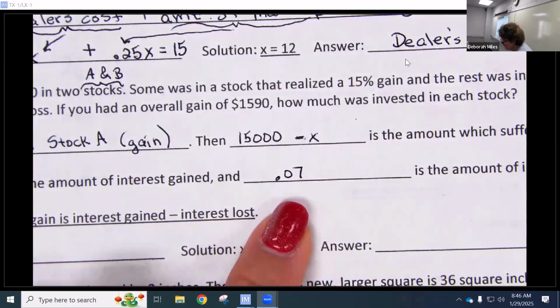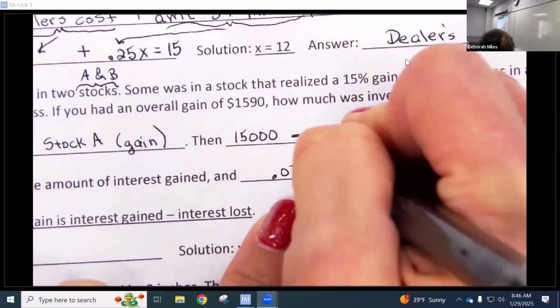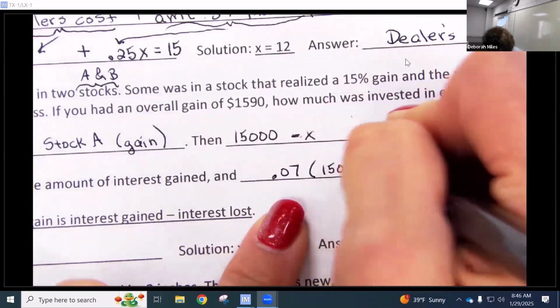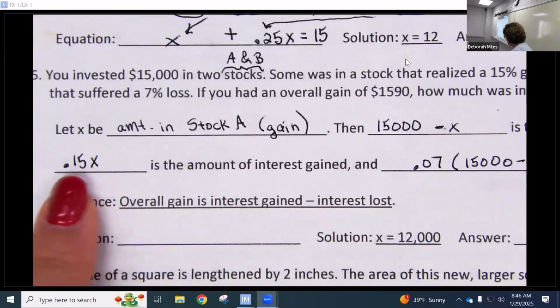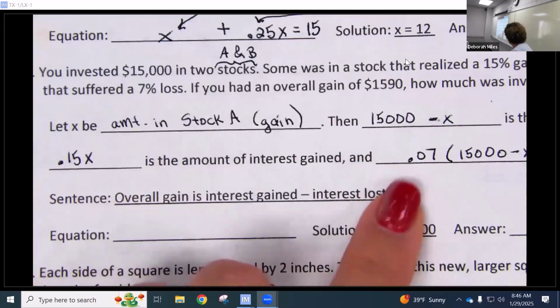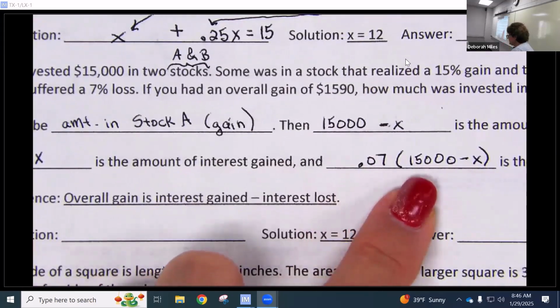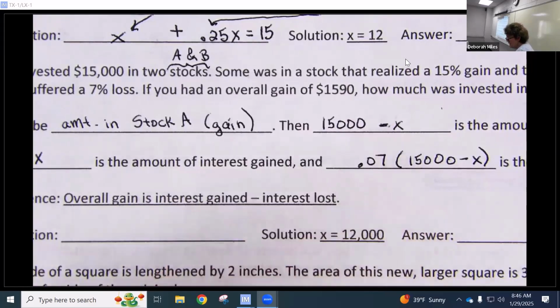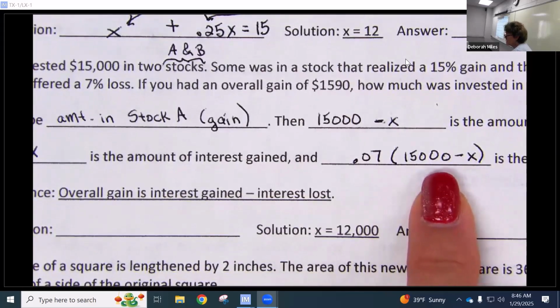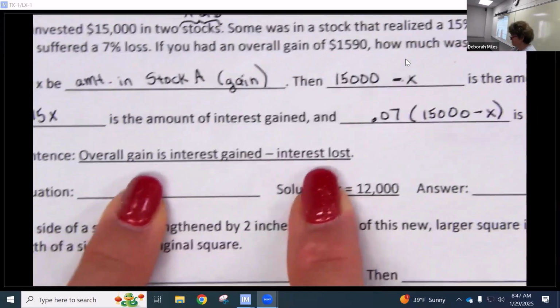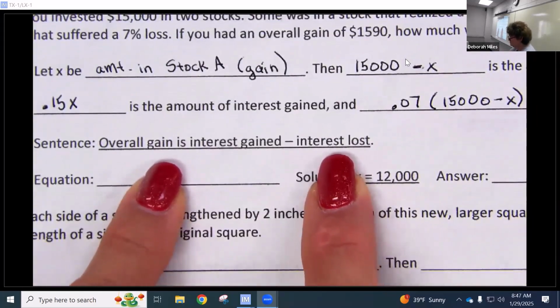How much did I have in the losing account? 15,000 minus X. So here's how much money I made, 0.15 times however much I had in stock A. And the amount I lost was 0.07 times however much I had in stock B. So 0.07 times 15,000 minus X would give you how much you lost, but you would subtract how much you lost from your original amount, and then you add that to what you gained.